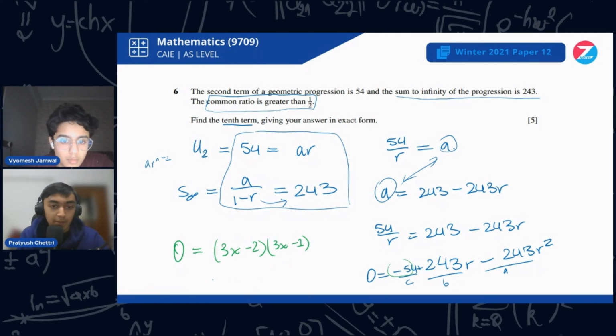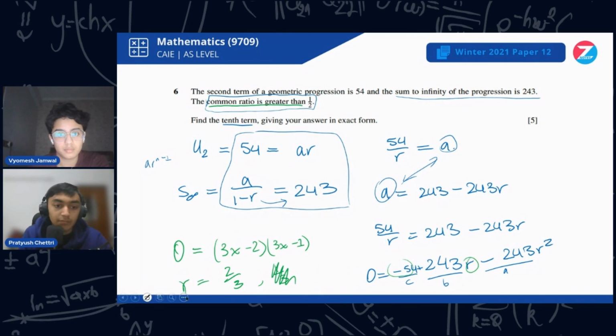So my values of x are 2 by 3 and 1 by 3. And since I know the common ratio, which is what I'm finding, value of x, value of r, by the way, it's greater than 1 by 2, so I'm automatically going to ignore 1 by 3. So since my ratio is 2 by 3, I can now find a.